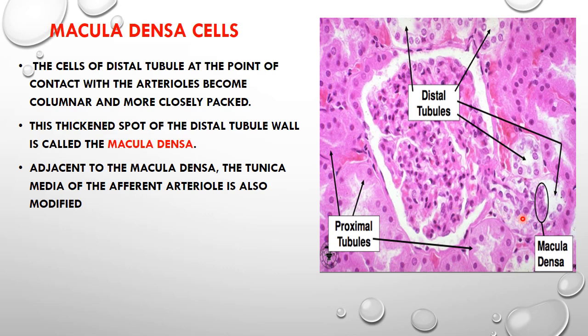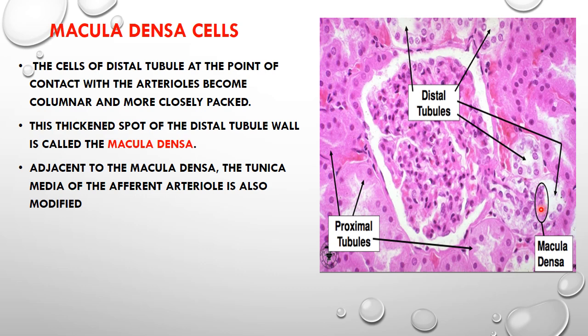The cells of the distal tubule, which comes in contact with the arterioles at the tubular pole, change their configurations. That is, they become thickened, and from cuboidal epithelium, they change to tall columnar cells. These cells are called the macula densa cells.